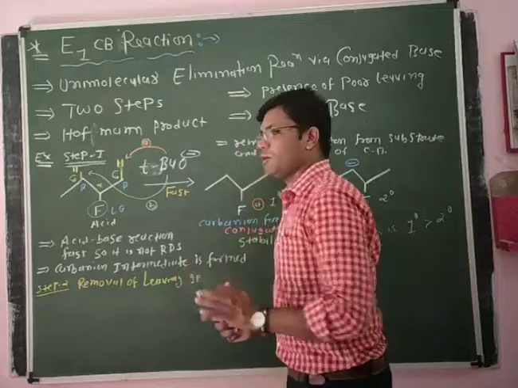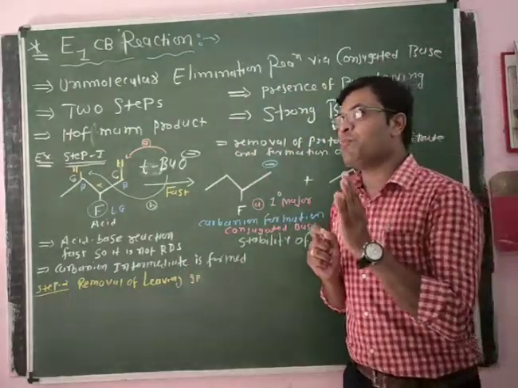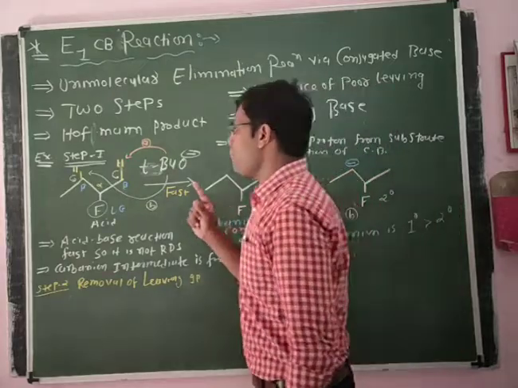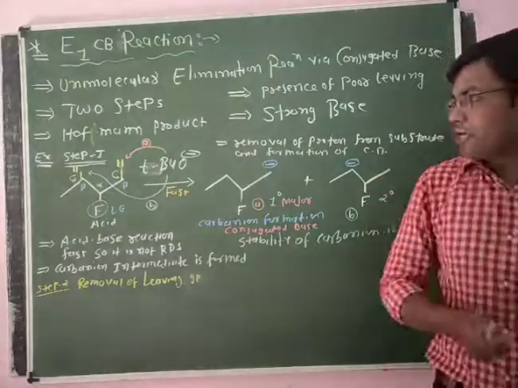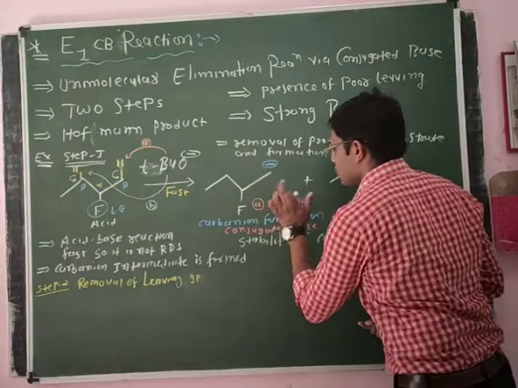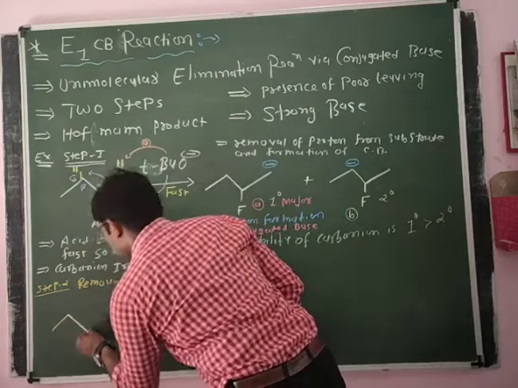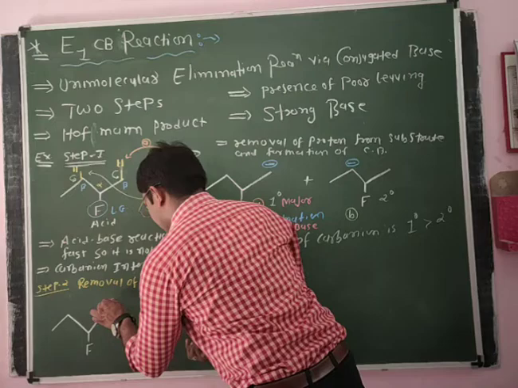We have already discussed that we have a poor leaving group. So due to this poor leaving group, there is no removal of leaving group in the first step, but in the second step we consider here our fluorine. So we consider this one here, this one is fluorine, and this is the carbanion.